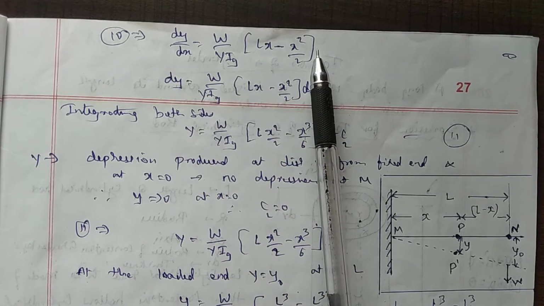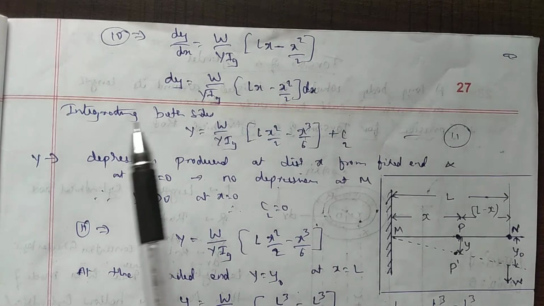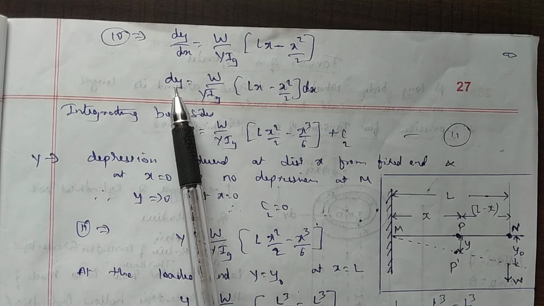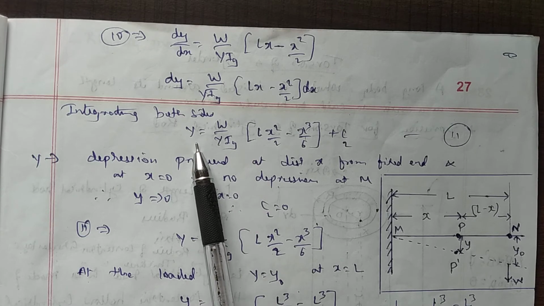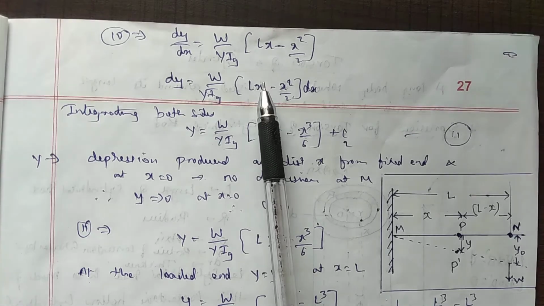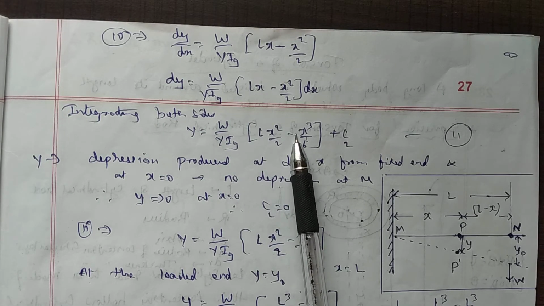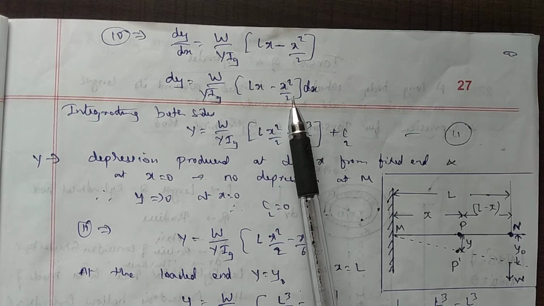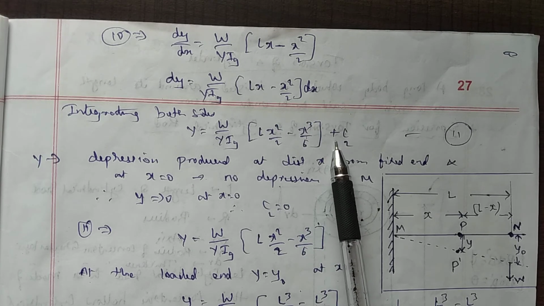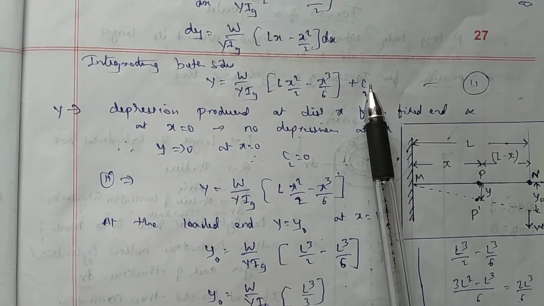This dx is once again shifted to the right hand side, and integrating again, the integration of dy is y, and we get W by Y into Ig into bracket L into x square by 2 minus x cube by 6 plus c2. Once again c2 is the constant, and we have to find the value of c2.